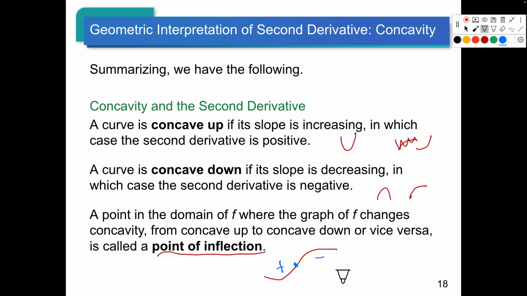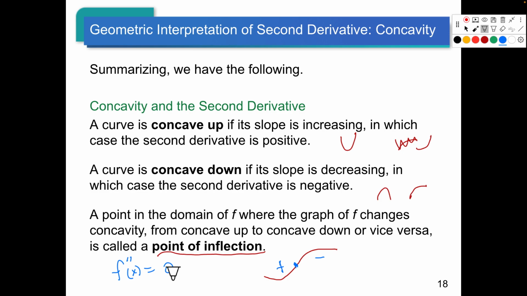And so what we're going to find is this point of inflection is the place where the second derivative equals zero. Or it could be. Sometimes that second derivative is not an inflection point, but usually it is, in the stuff we're going to be dealing with. You can also see it visually, with concave up and concave down.